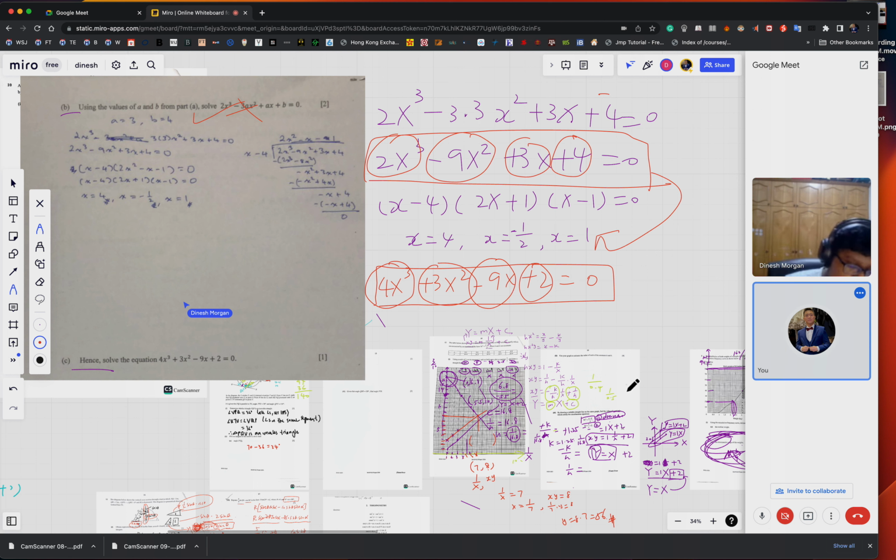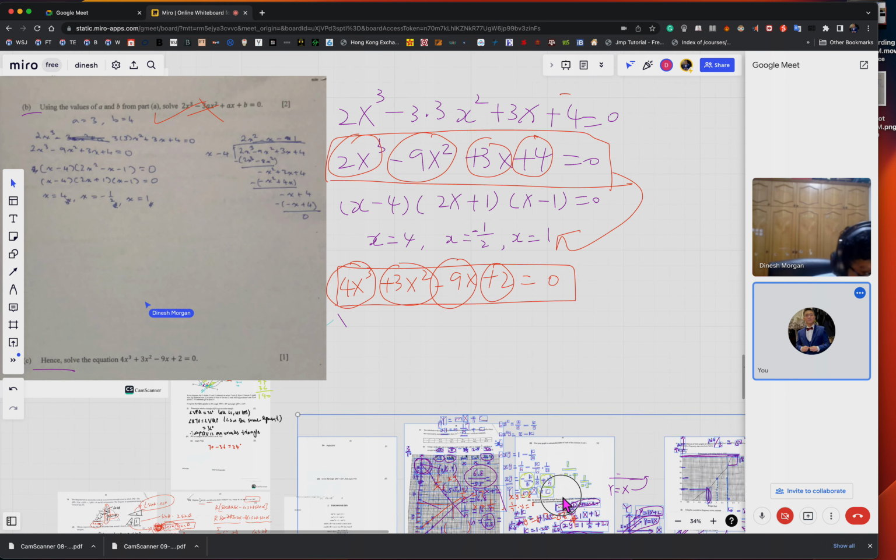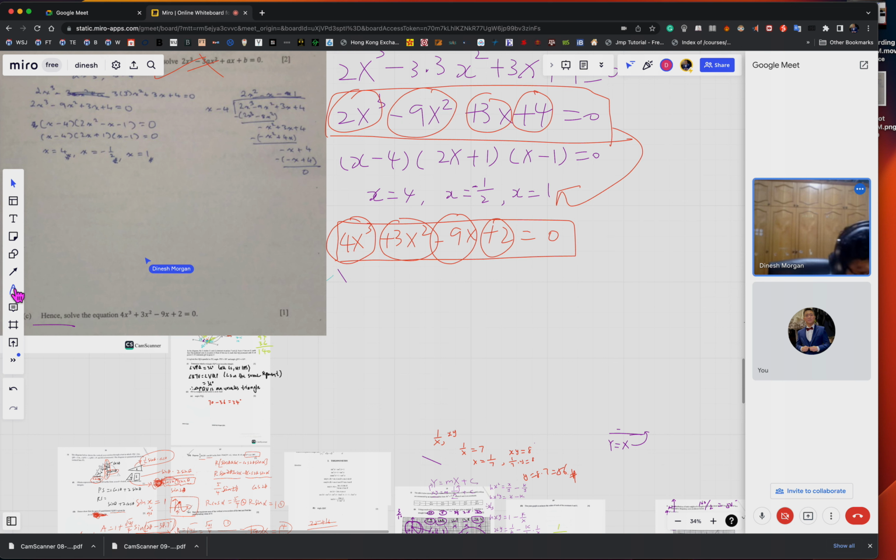So how do you use the hands to solve it? Actually, if I rearrange this, it will be this one.